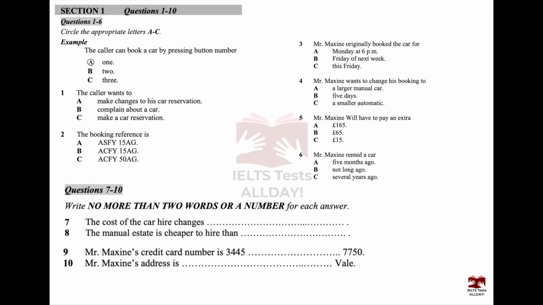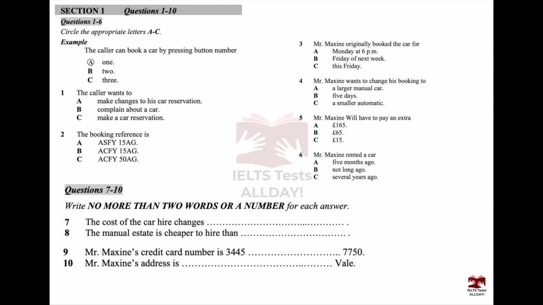It's A for Alpha, C for Charlie, F for Foxtrot, Y for... Yes. The number 15, 15, A for Alpha, and G for Go. Let's see. Can I just check that? ACFY15AG. Yes. Mr. John Maxine. Yes, that's it. Okay, so how can I help you?